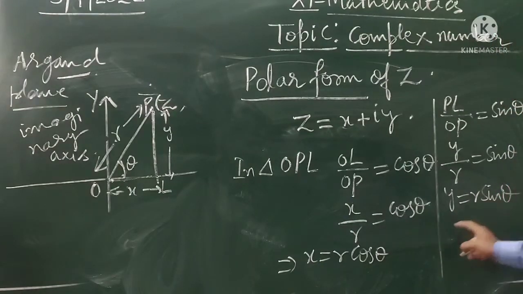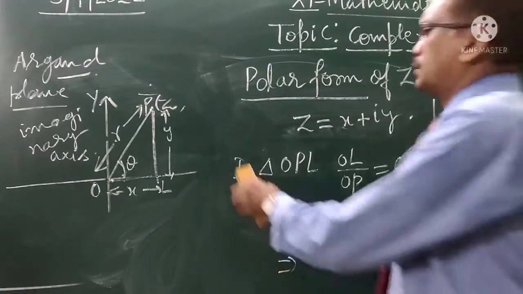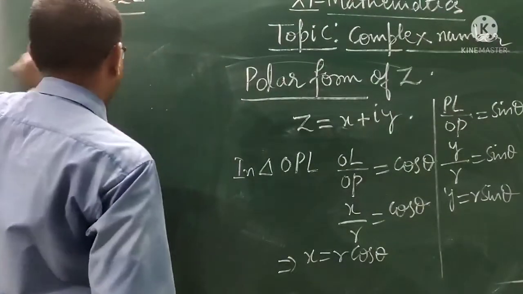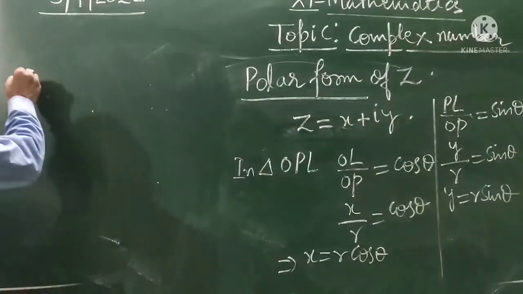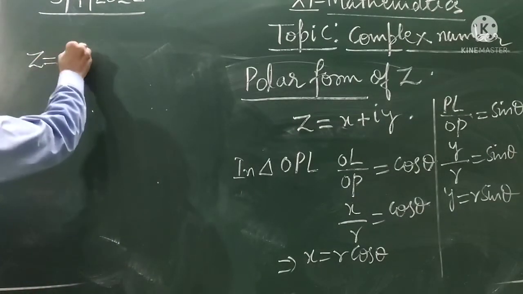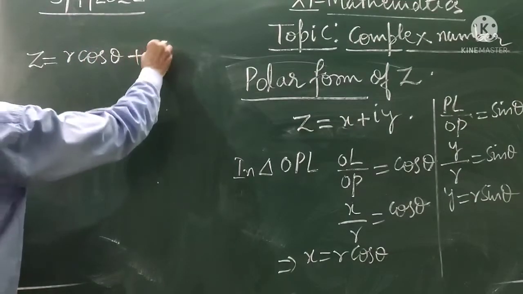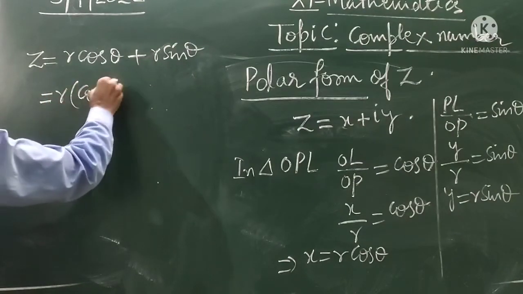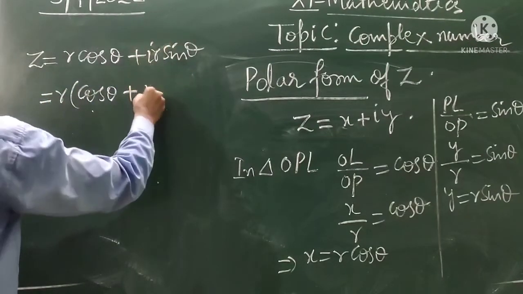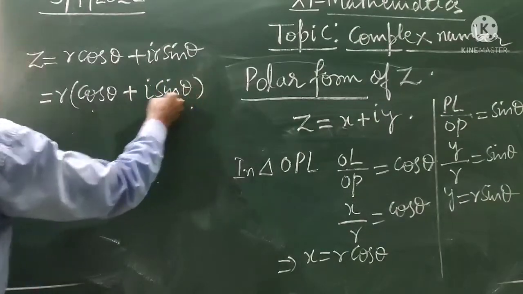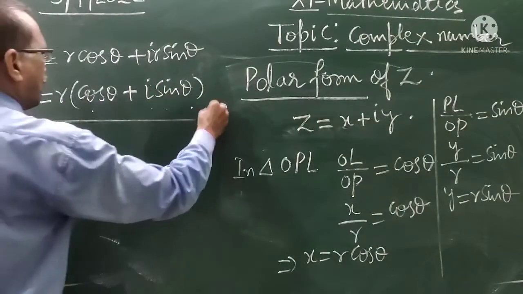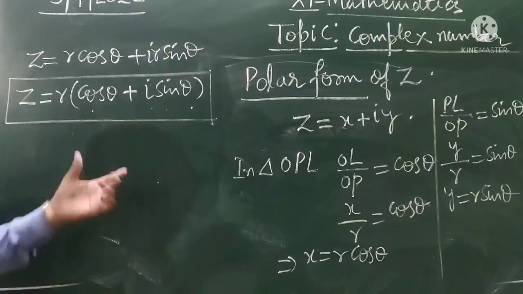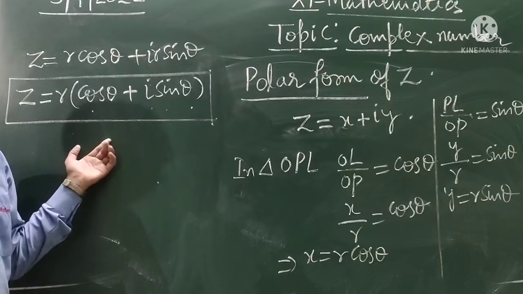Now putting the value of x and y here, the polar form becomes z equal to r cos theta plus iota r sin theta. Dear student, r is common, so r bracket cos theta plus iota sin theta is called polar form of the complex number. It is another way to represent the complex number.